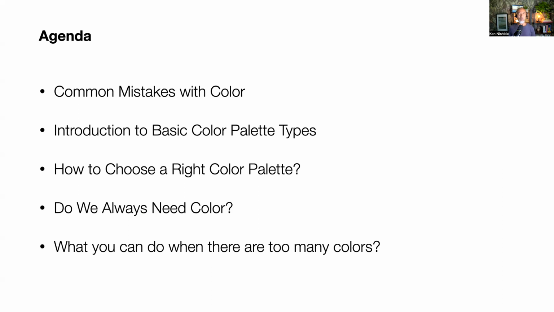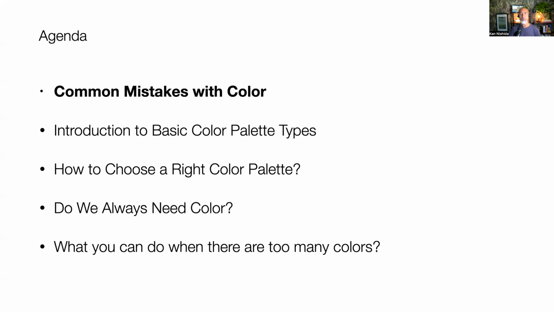Also, something people don't necessarily think of as part of the color topic, but is actually important, is how you can create groups before you even assign the color, because without groups, there's no point in using color. So I want to get into that type of topic as well.